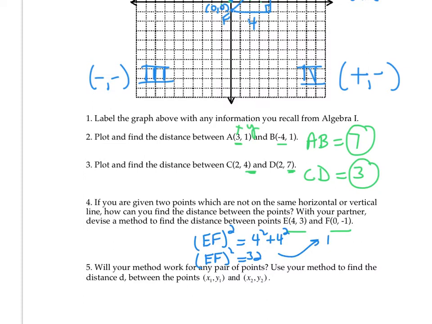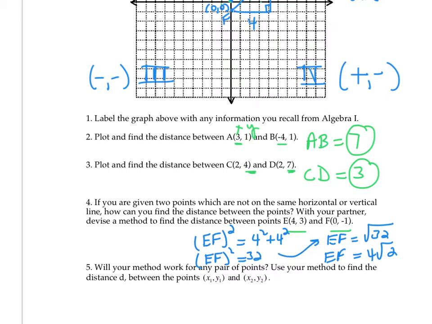So that means that EF has to be the square root of 32. And that would simplify into the square root of 16 times 2, or 4 square root of 2. But you see that using a special right triangle can really help you out. Okay. Remember that anytime we're dealing with a radical, we want it in simplest radical form.